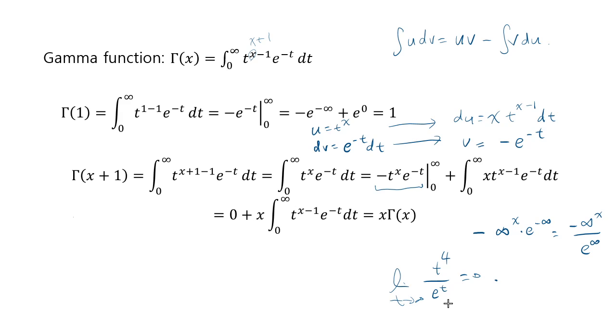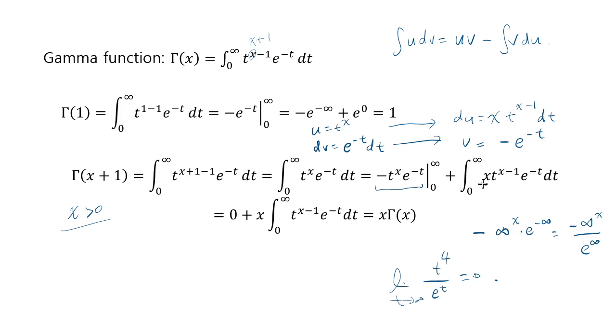If you don't believe this, you can also try using L'Hopital's rule like 4 times, and you can show that this is equal to 0. So you can get this value as 0, because if you plug in 0 into t, that also gives you 0. And actually, I'm assuming that x is positive.